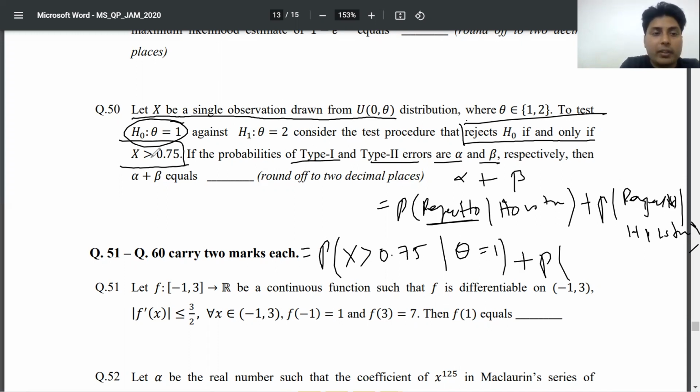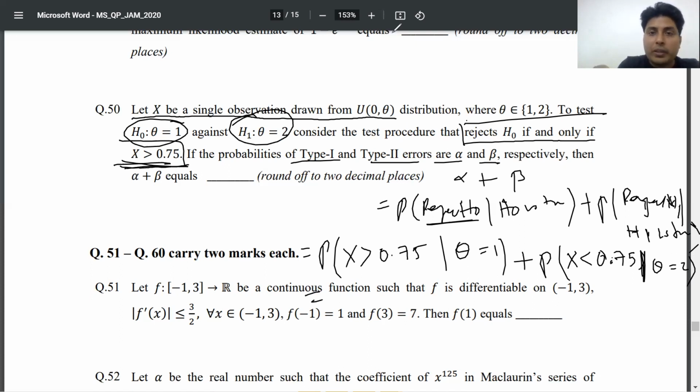H0 will be rejected if x is more than 0.75, so H1 will be rejected for the opposite condition: x is less than 0.75, given H1 is true. H1 is true when theta is 2.